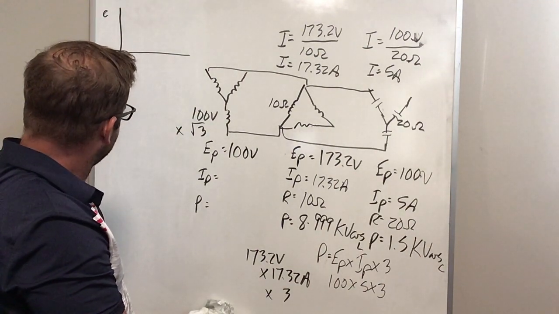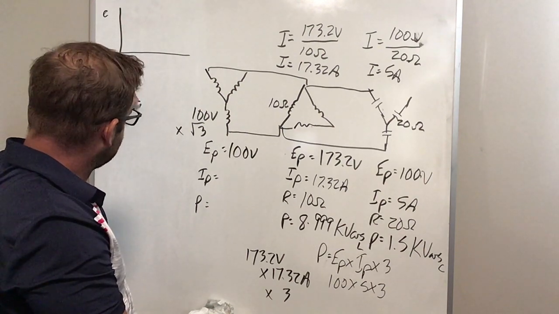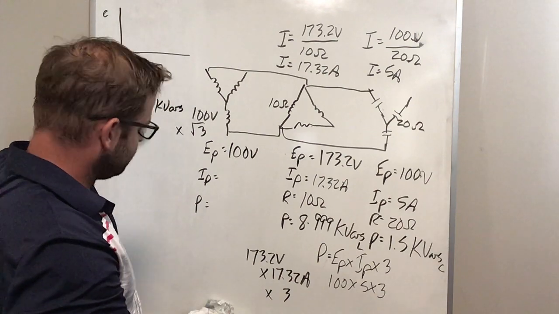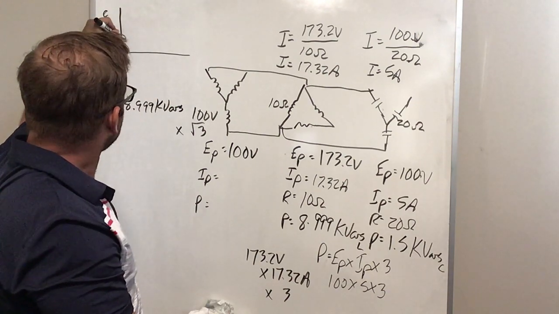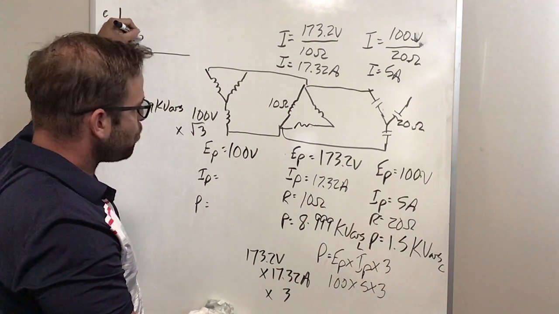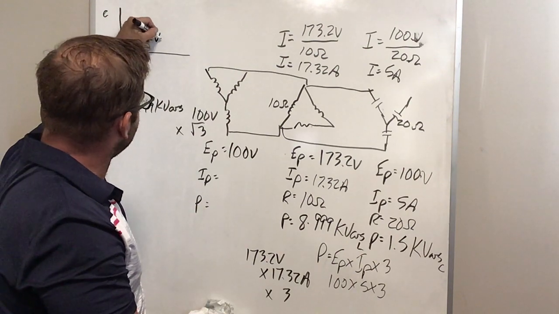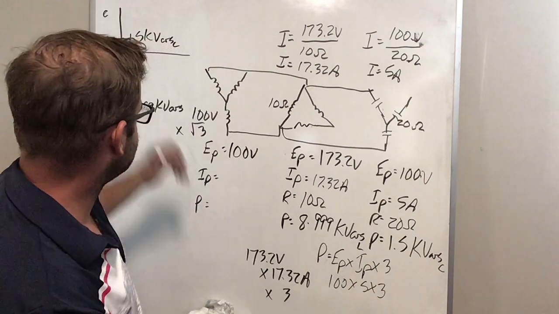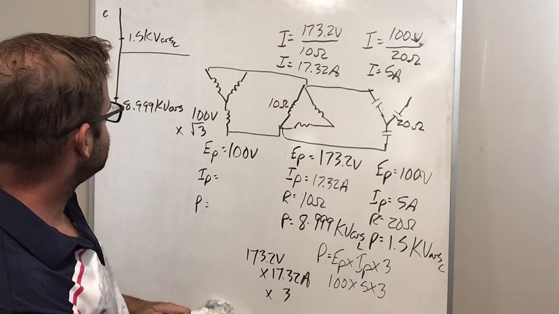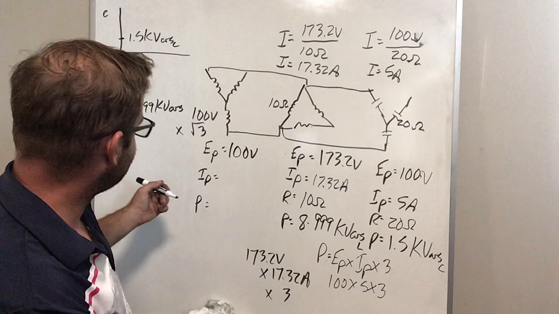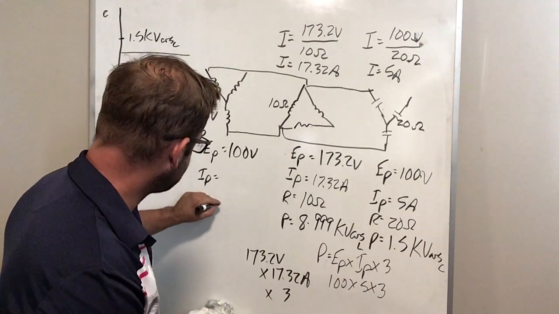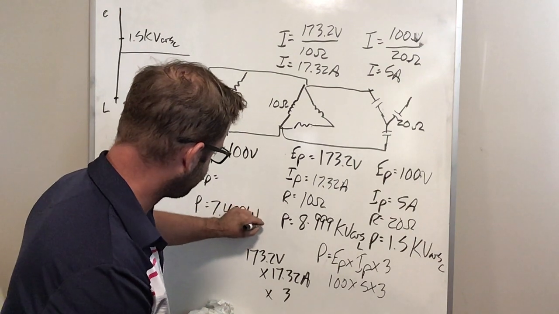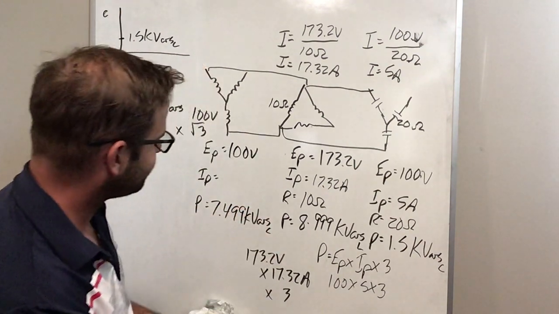We have 8.999 kVARs inductive, 1.5 kVARs capacitive, and if we subtract those two from each other, it should be just under 7.5. So 7.499 kVARs inductive.